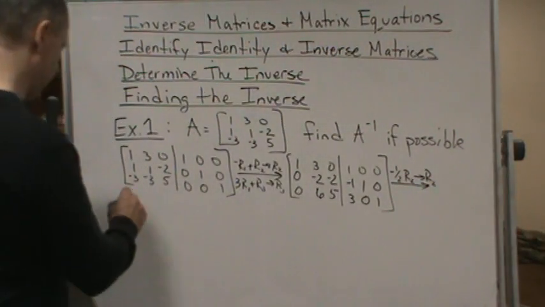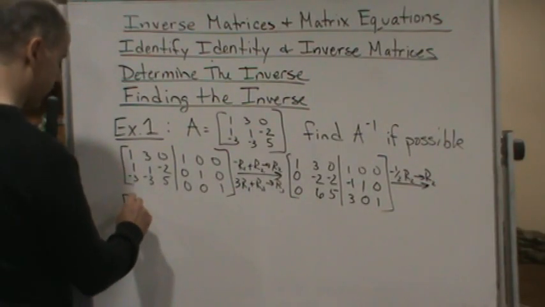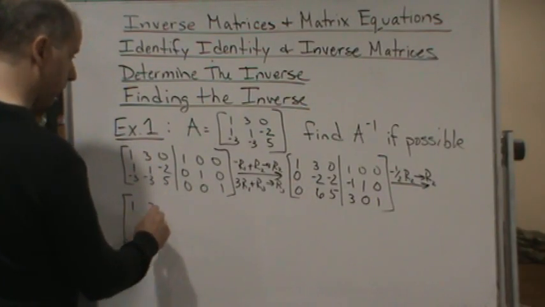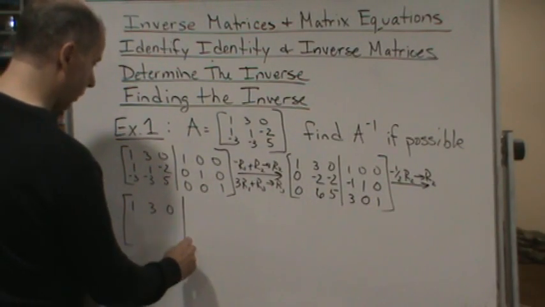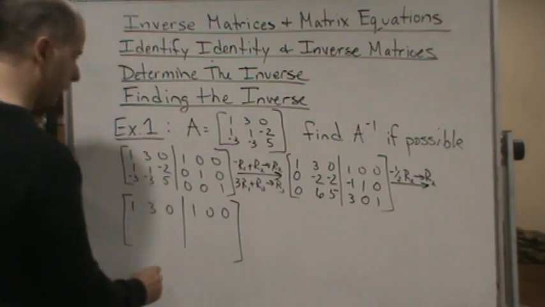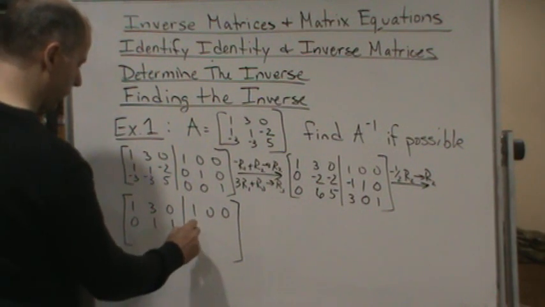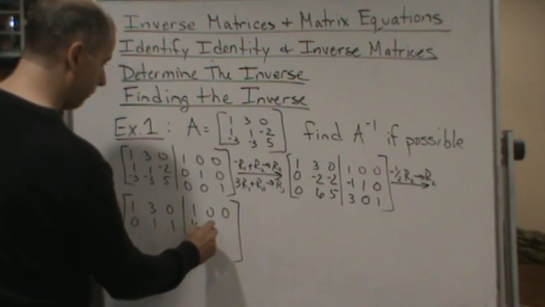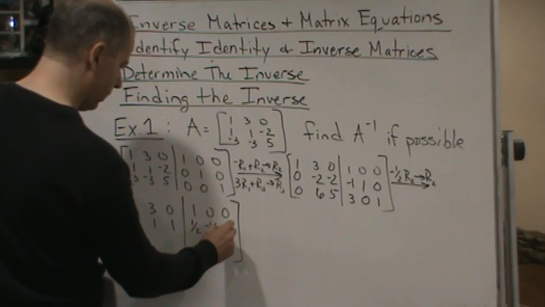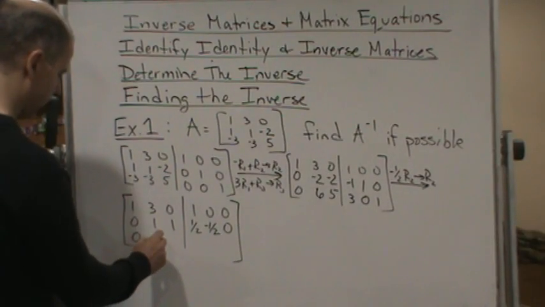Now what I'm going to get is 1, 3, 0, and 1, 0, 0. Then I'm going to get 0, 1, 1, 1/2, -1/2, 0, and the third row stays the same.